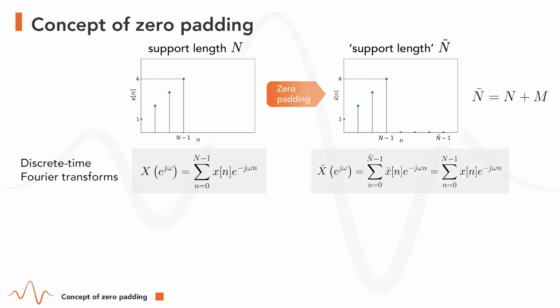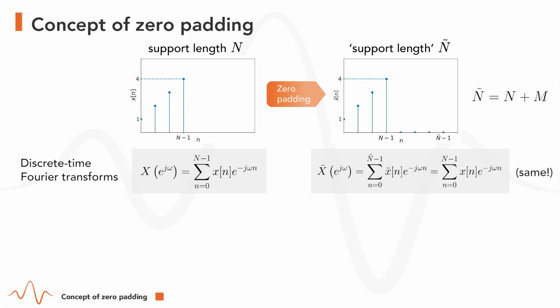Now, for the Fourier transform of x tilde on the right-hand side, we have to take the summation from n equals 0 until capital N tilde minus 1. But since x tilde is 0 from capital N minus 1 until capital N tilde minus 1, we can just sum until capital N minus 1, and there x tilde is equal to x. If we compare the two Fourier transforms, they are exactly the same.